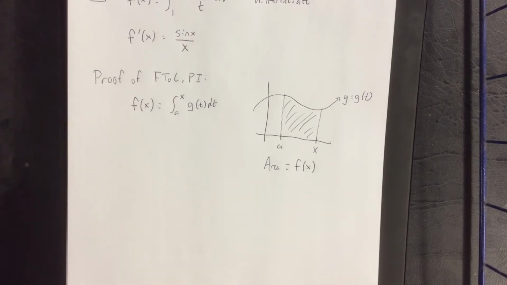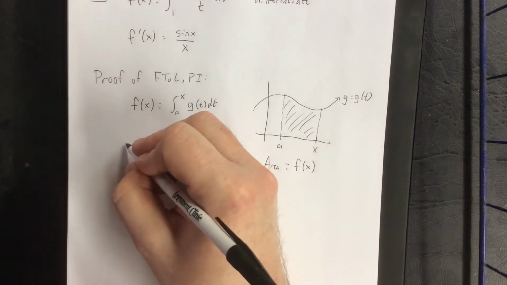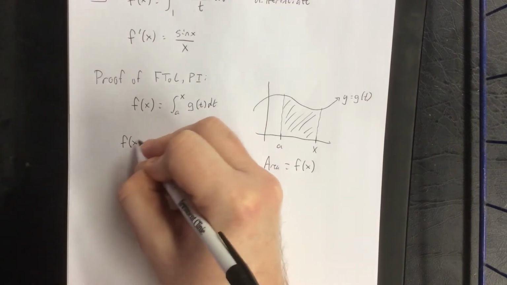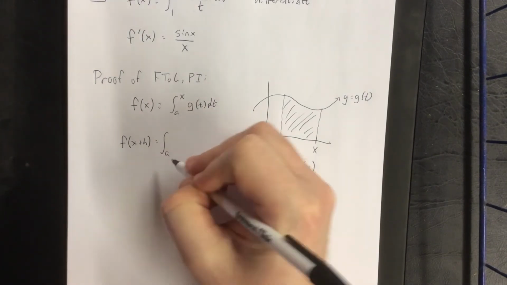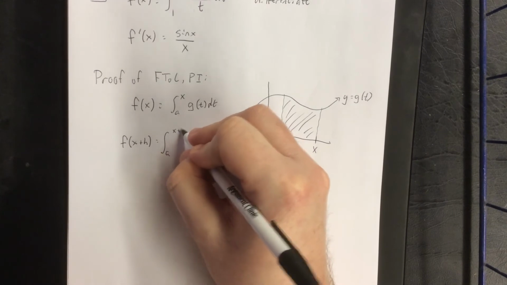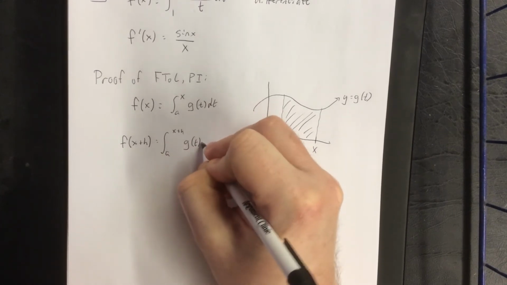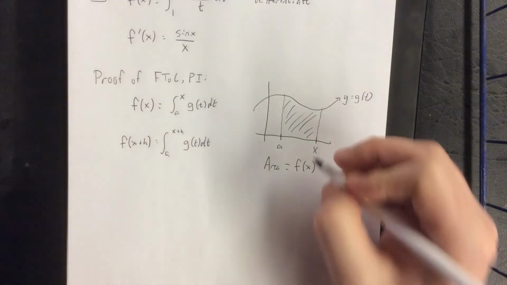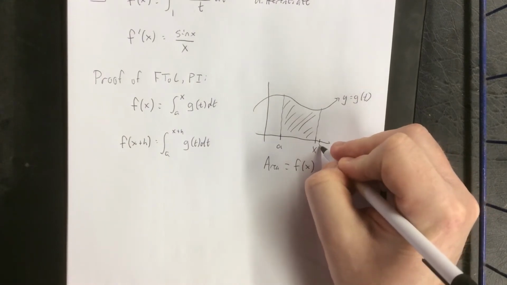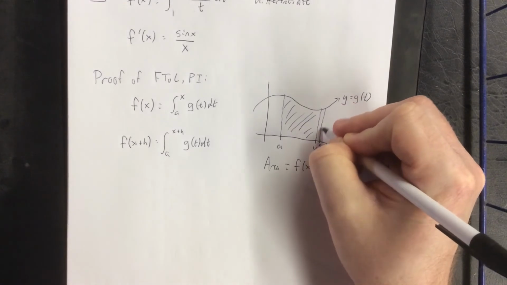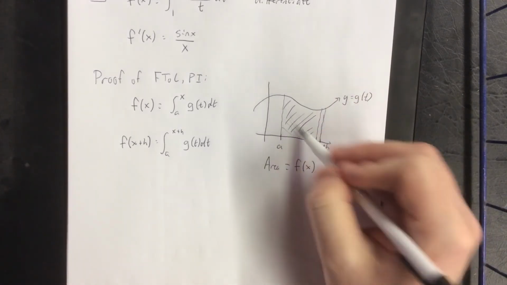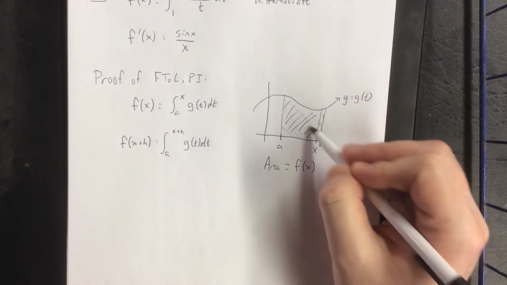Now, part of taking a derivative is going to be taking the limit as h goes to 0 of f of x plus h minus f of x all over h. So what I'm going to do is demonstrate what would f of x plus h then look like. It would be the definite integral from a to x plus h of g of t dt. Meaning that if I were to go just a little bit farther out here and call that guy x plus h, then that would be all of the area up to that boundary.